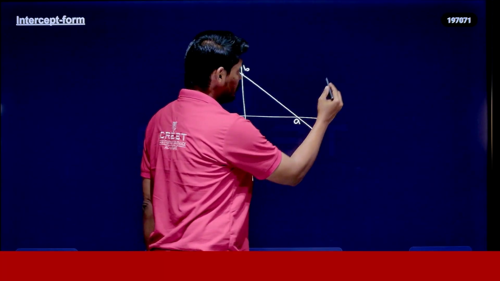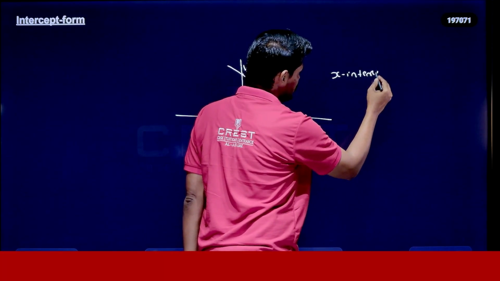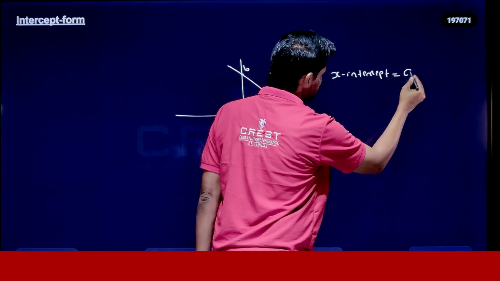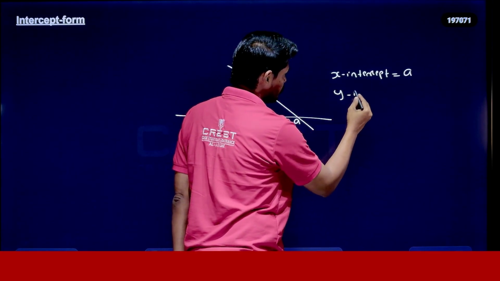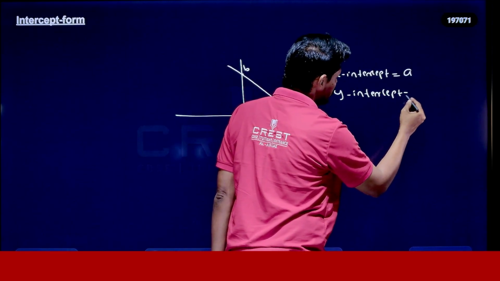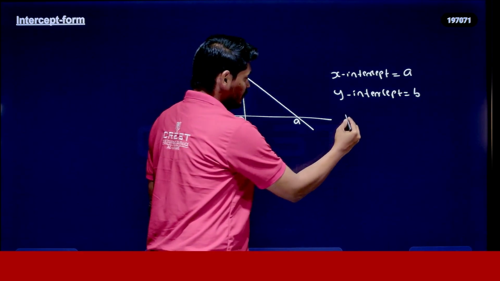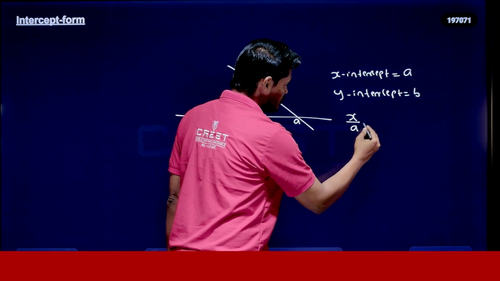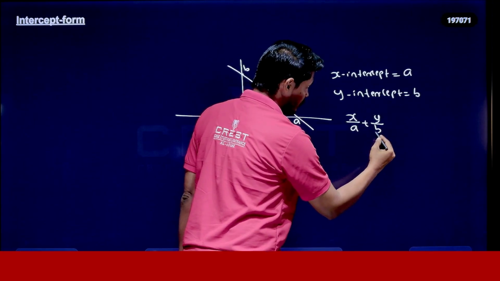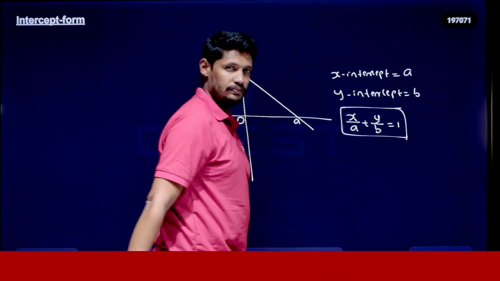Here it is clearly given, the x-intercept is A. And the y-intercept is B. If x-intercept and y-intercept are given, we have the equation x by A plus y by B equal to 1. This form is called intercept form.